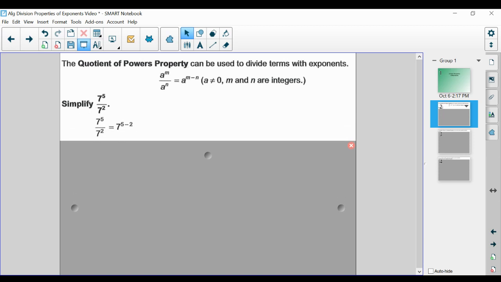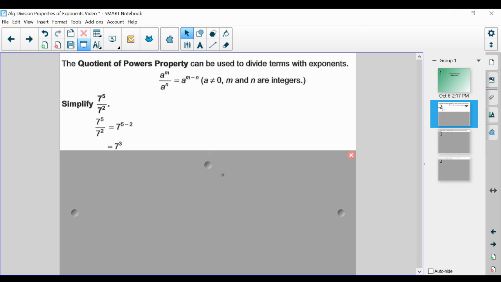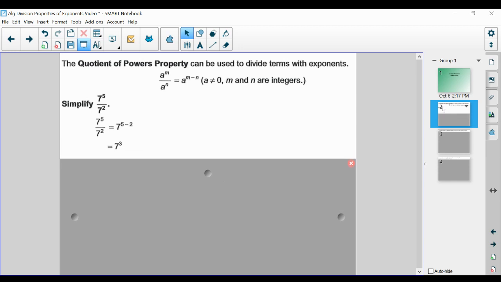We have the same base of 7, so we can do 7 to the 5 minus 2 power, and we're going to get 7 to the 3rd, which is a lot easier than using the expanded form, maybe canceling some stuff out, and then seeing what we have left over. We can just say it's going to be equal to 7 to the 3rd. By the way, 7 to the 3rd is 343. So it's a decent sized number.